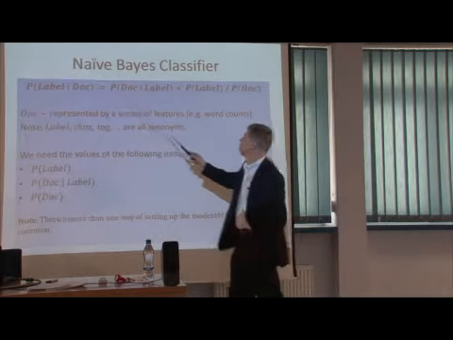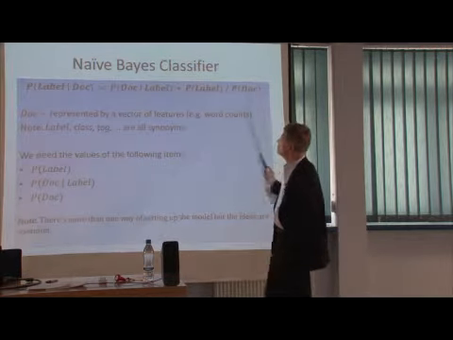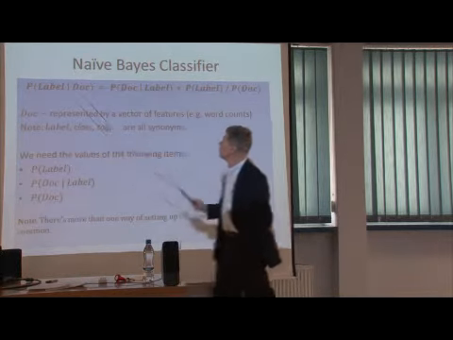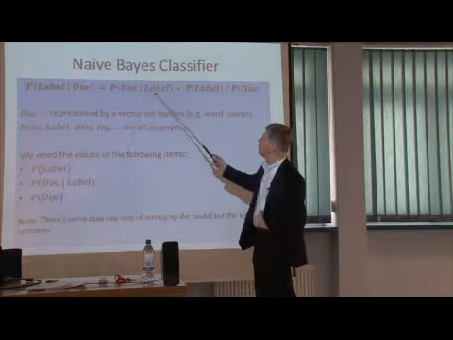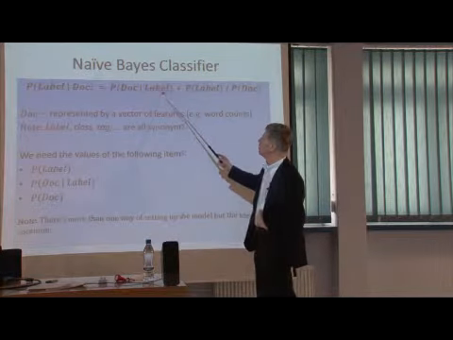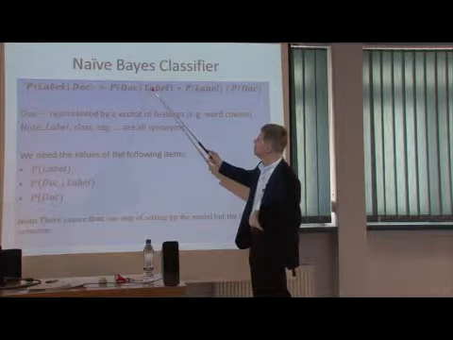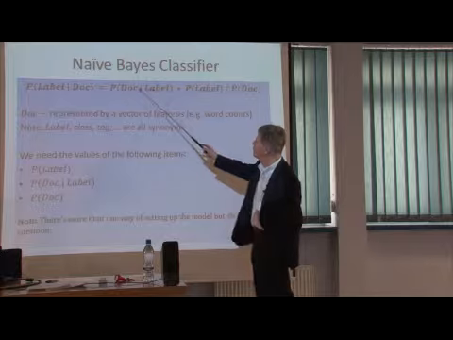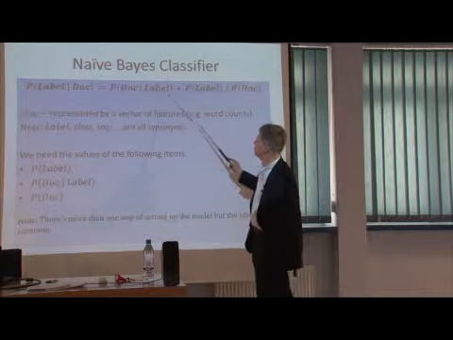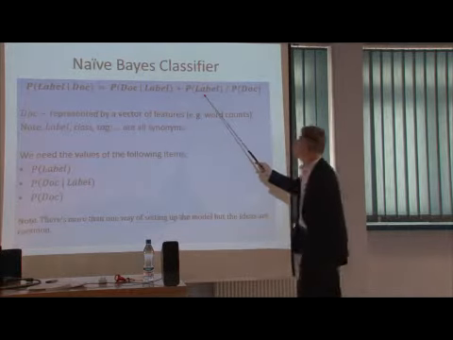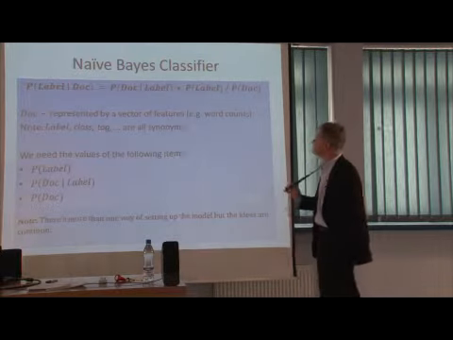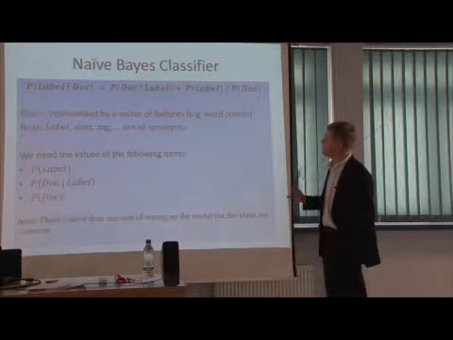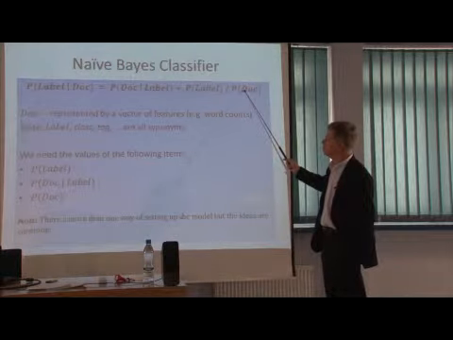So this is the statement of the Bayes theorem: if we have a document and we are looking for a label, we can first find the probability of doc given label, multiplied by the probability of the label, divided by the probability of the document. All right?